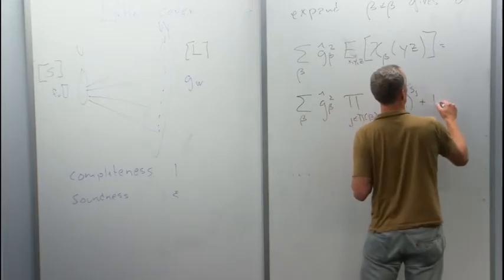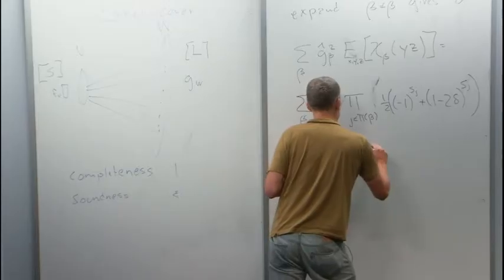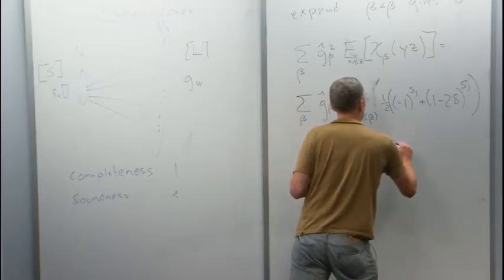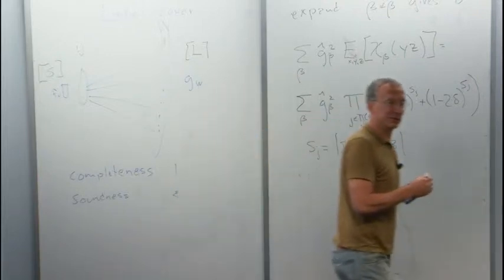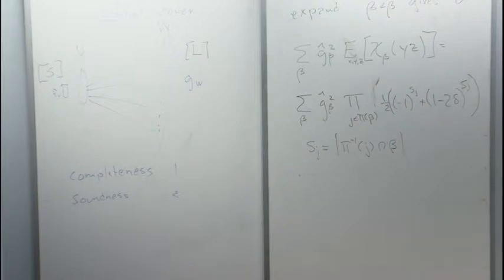And the probability you get 1 minus 2. This is what you get, right? So you did work a little bit.